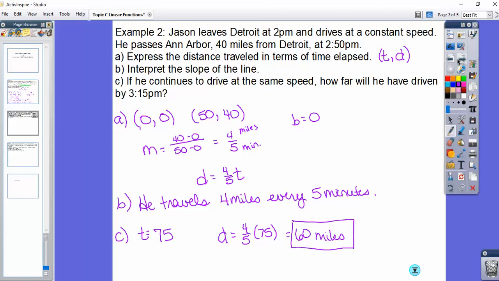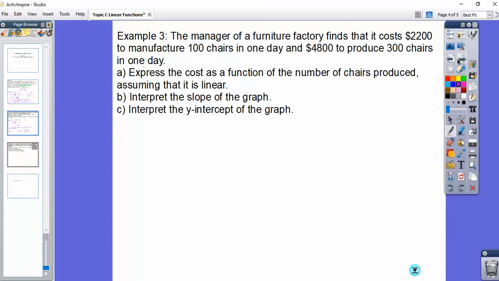One last example for today. The manager of a furniture factory finds that it costs $2,200 to manufacture 100 chairs in one day, and $4,800 to produce 300 chairs in one day. Express the cost as a function of the number of chairs, assuming that it's linear.